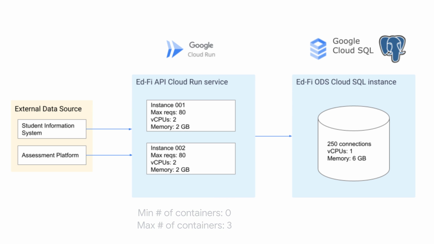Each container instance is set to allow a maximum number of connections of 80, to have virtual CPUs of 2, and memory set to 2 gigs per container instance. So that means that most of the time, if this is going between 1 and 2, then we're looking at 80 to 160 connections to Cloud SQL.